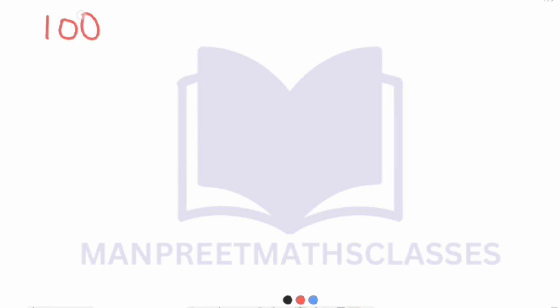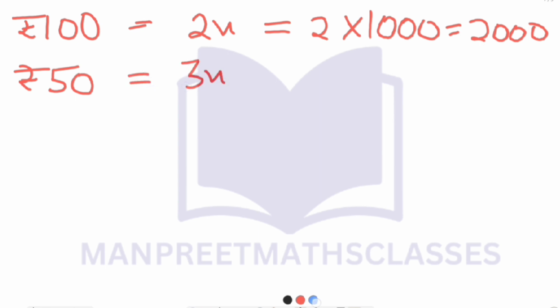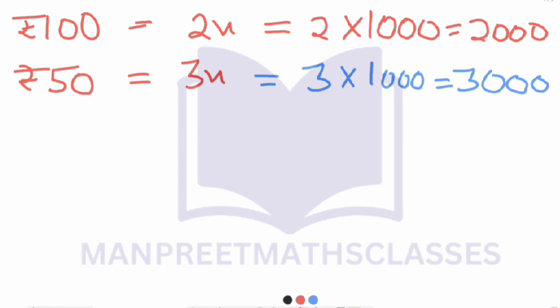सो जो 100 रुपीज नोट थे वो कितने थे? 2x. एंड वैल्यू ऑफ x अभी हमारे पास आई 1000. सो 2 into 1000. सो जो 100 रुपीज की नोट्स है वो कितने हैं? 2000 नोट्स है. नेक्स्ट था ₹50. सो 50 रुपीज के कितने नोट्स थे? 3x. x की वैल्यू हमें 1000 मिली, मीन्स 3 into 1000, 3000. तो जो 50 रुपीज की नोट्स हैं वो 3000 है. नेक्स्ट वो 10 रुपीज. तो 10 रुपीज के कितने नोट्स है? 5x and the value of x is 1000.